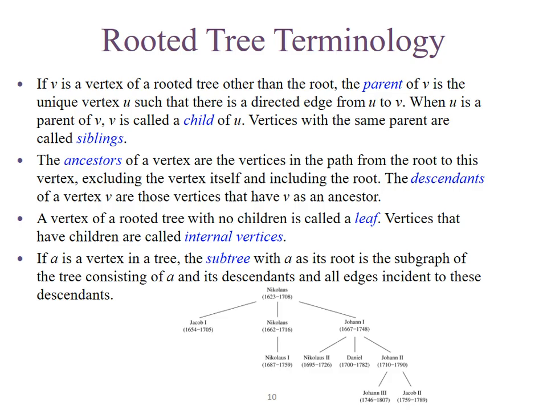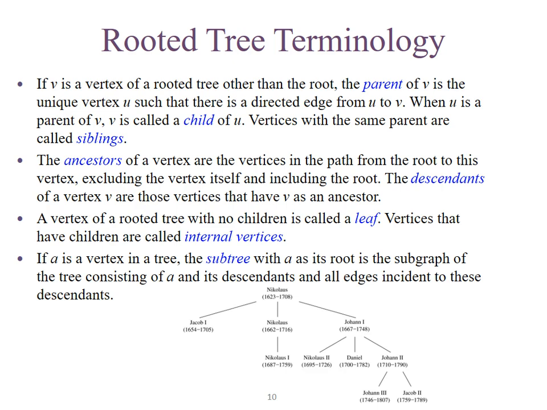Take this path for example: when we travel from the root to this vertex, we go from this one to here. So these two are called ancestors of this vertex. For this other one, it has more ancestors. Actually, we have one, two, three ancestors of that one.